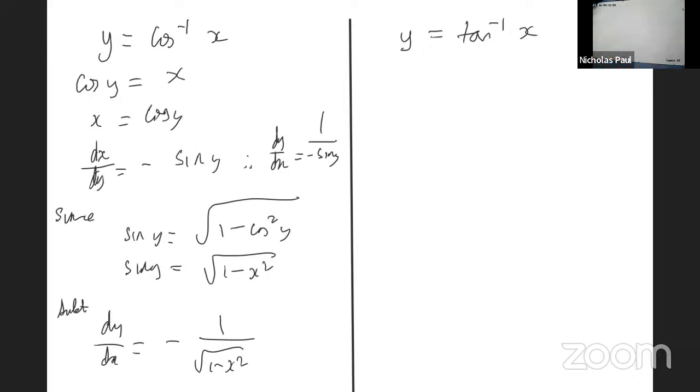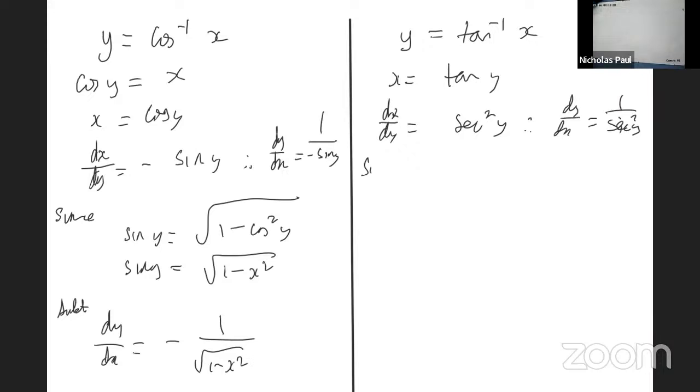All right, let's check out tan inverse. Are we done with that? So this will be x is equal to tan y, and dx/dy is equal to sec squared y, and dy/dx is 1 on sec squared. Right?